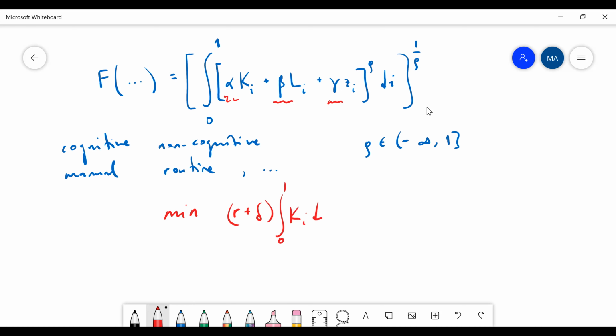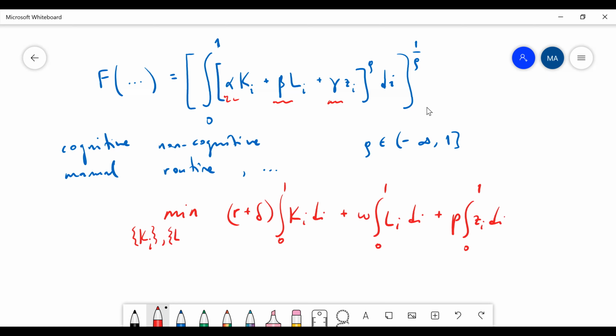So your choice variables now are K_i, L_i, and Z_i, where for each of them, i, of course, is between 0 and 1. And of course, once again, you have a production target.